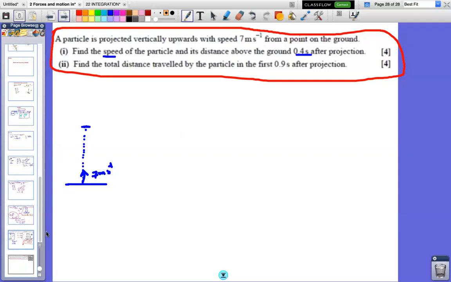That's easy to solve, right? Now we will consider our upward direction as positive since the particle is going up. It makes sense to consider upward direction as positive. So U is 7. V is what we are looking for.